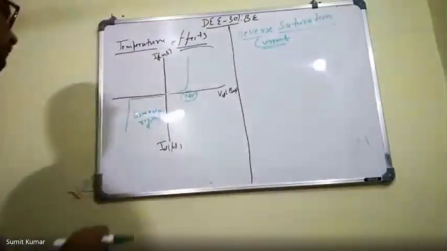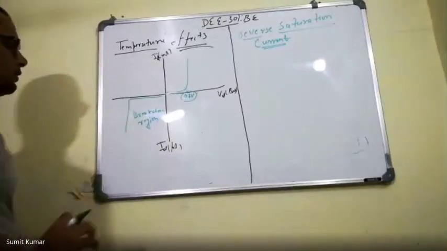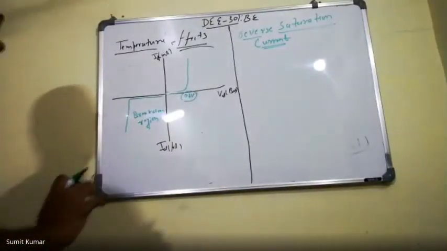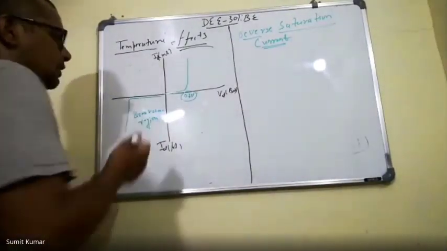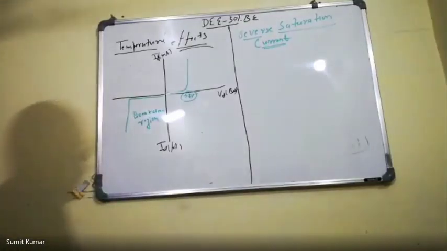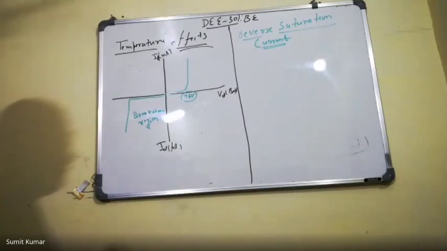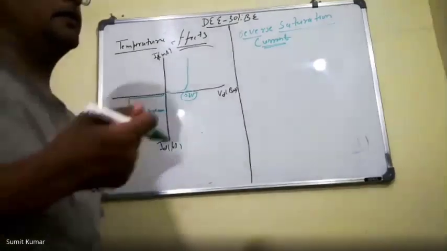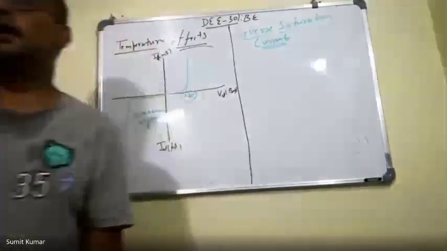As we know, if we are increasing the temperature, then we will increase the number of intrinsic carriers, which are the minority carriers on the p side and the minority carriers at the n side.